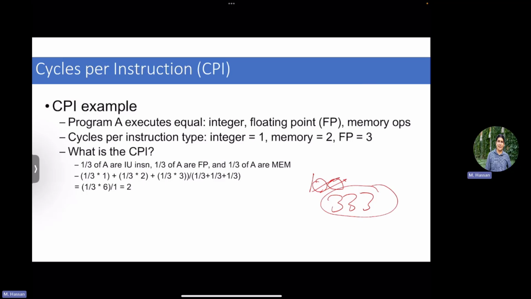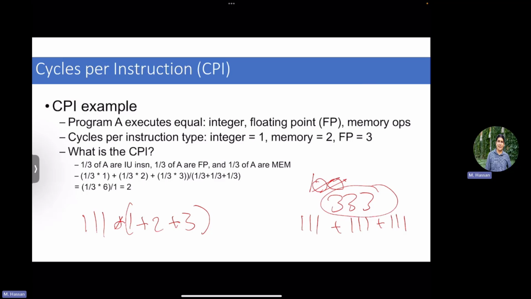So that means I have 111 integer, 111 floating point, and 111 memory, right? So I want to calculate the total number of cycles taken by the program. What do I do? I will multiply 111 by 1, and then by 2, and then by 3, right? That's what I will do. Take every single instruction in my program, determine how much time it takes, add all of them up, right?